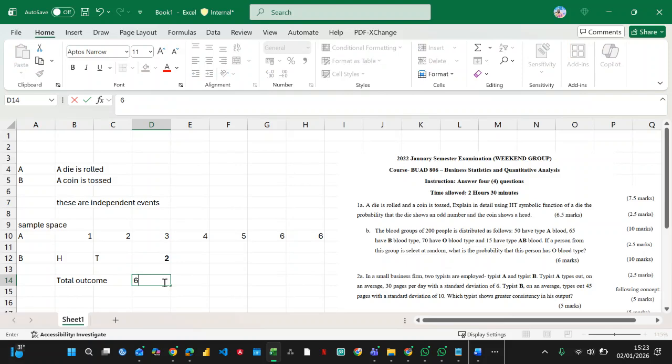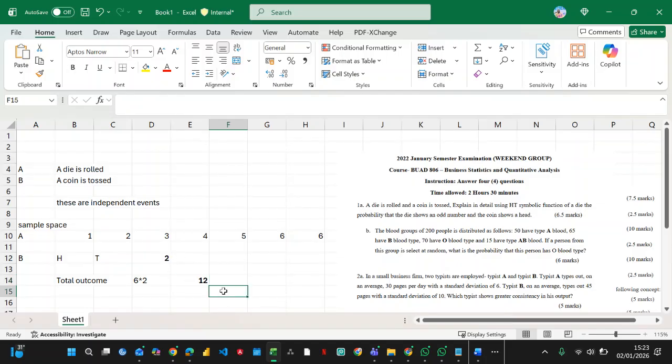So our total outcome is equal to the probability of A times B. A is 6 and B is 2, so 6 times 2 is 12.